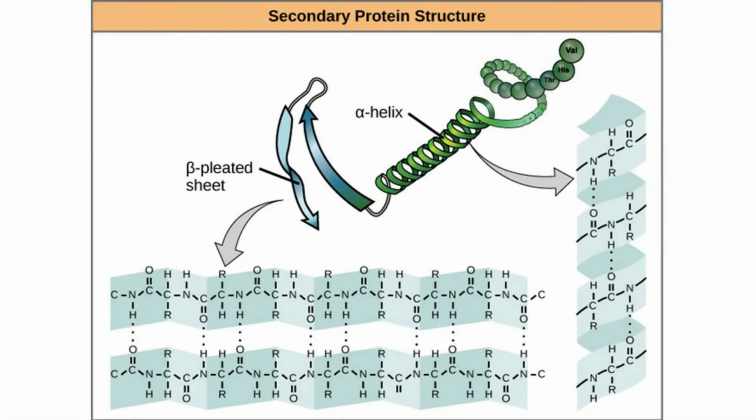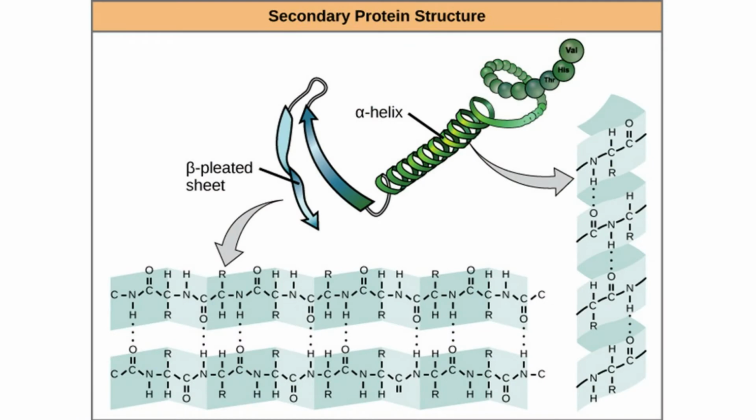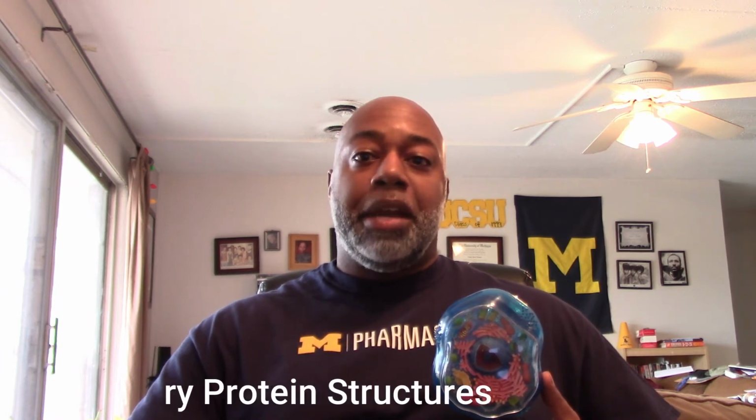So, like our DNA strand, they can form helices where they spiral together, or they can form something called beta sheets, where they form these sheets. I remember Dr. Haywood called them beta pleated sheets, so you want to think about pleats. So polypeptides can either form alpha helices or beta pleated sheets.